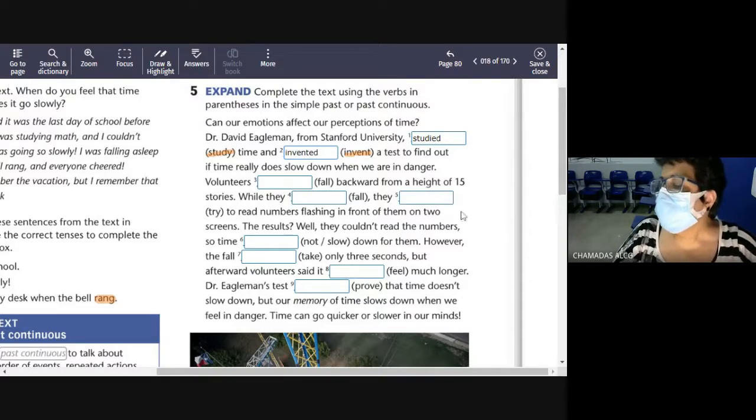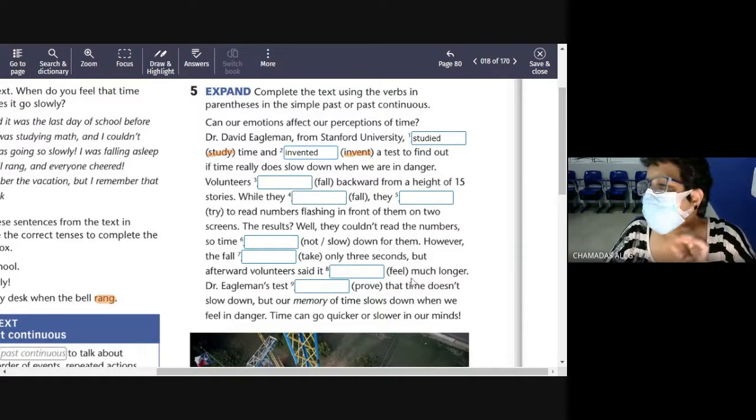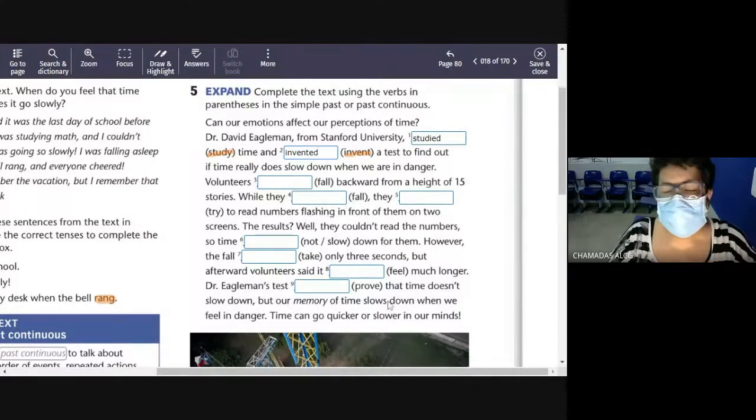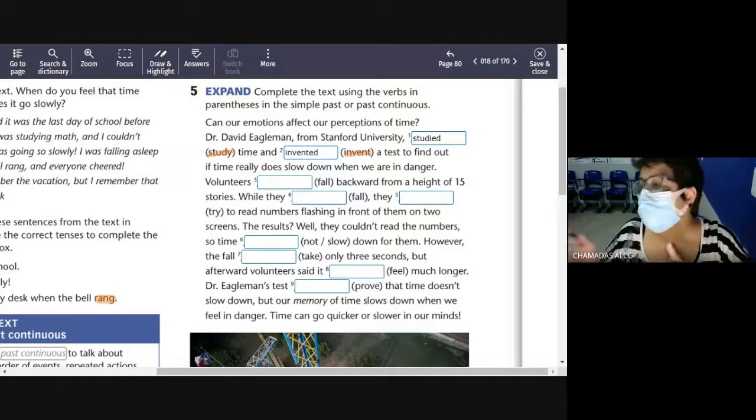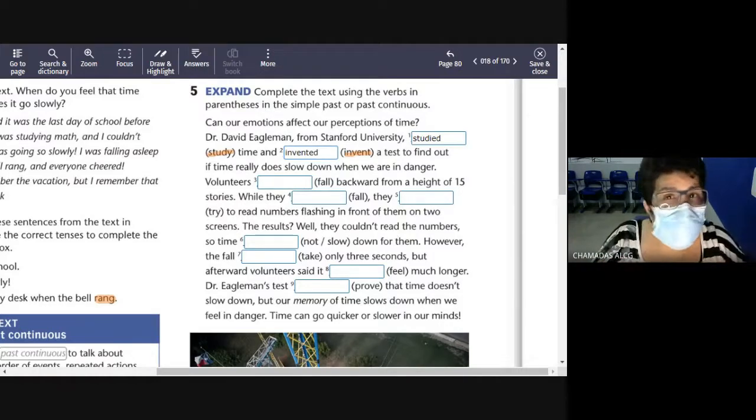Okay? Now, try to do the other ones. I will time you. Talking about time, I will give you 2 minutes to complete the other options. Okay? So let's see if you can do it. Remember, you can use simple past or past continuous.